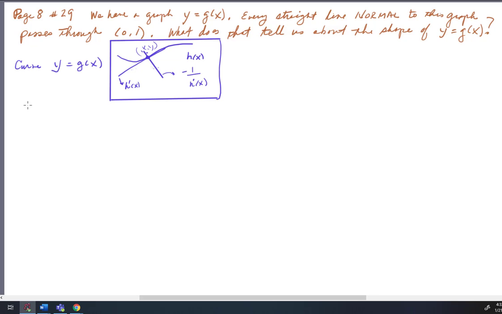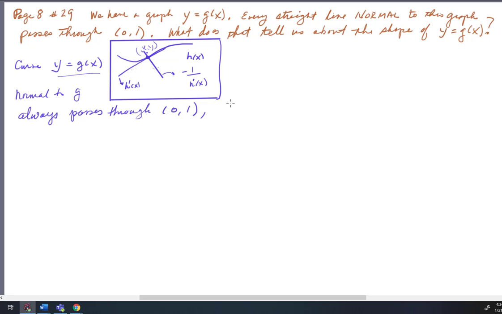Back to our problem with g. The normal to g always passes through 0, 1, given in the problem.